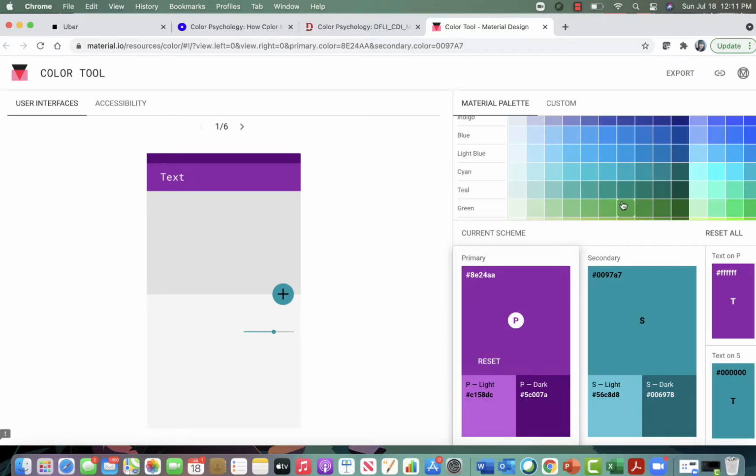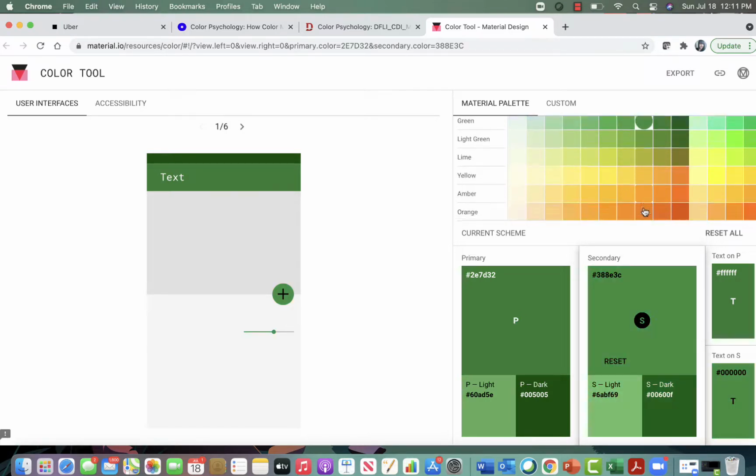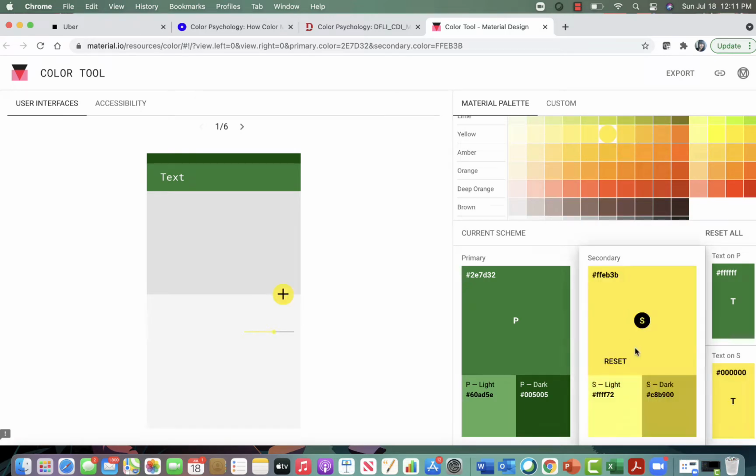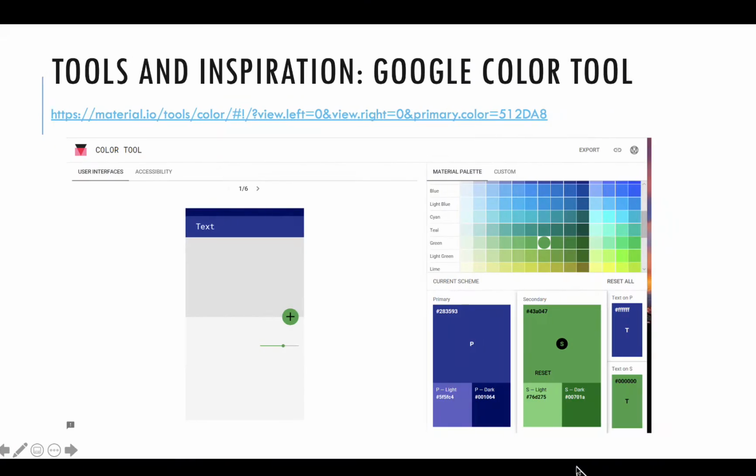You want your primary color to be green, and then maybe you're going to do more of a fun, healthier, sunshiny color, maybe a little bit of yellow. This particular tool will allow you to not only select your primary color, but it will give you matching colors that go well in the palette together. So I wanted to show you that little tool.